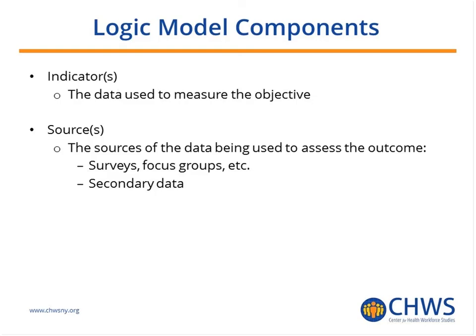So for example, if my output is more people working in primary care in a community, I may have to go to the AMA master file and count the number of physicians that are now doing primary care. So I've talked about not only how to measure it, but the data sources.